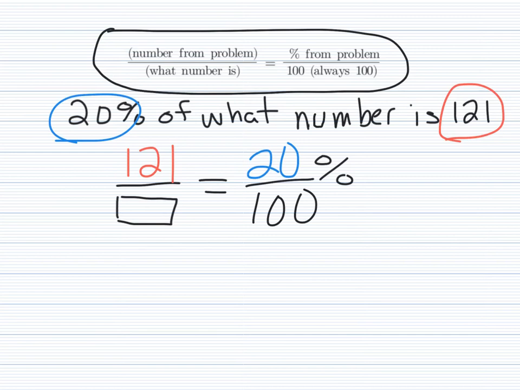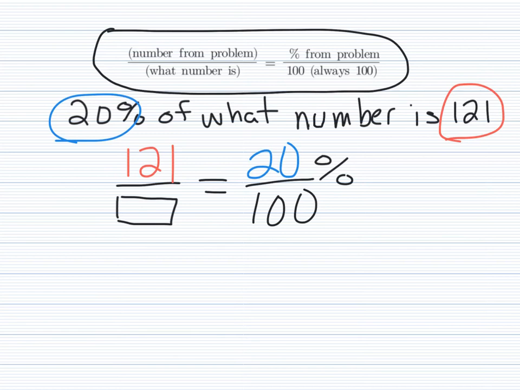Now, as we look at this problem, we need to figure out if I can get from 20 to 121 through multiplication easily. And I know I can't, because I do math on a daily basis. The kids might have to count by 20s: 40, 60, 80, 100, 120, 140. Oh, can't get there.